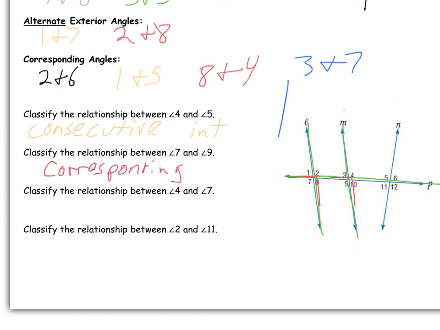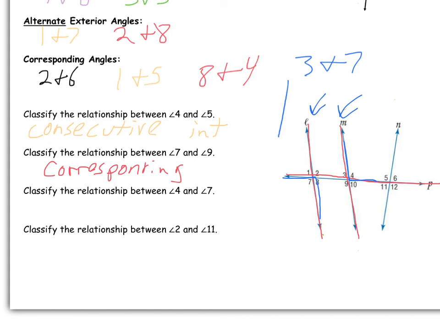Okay, and 2 more to look at. Now the next one gets a little tricky because of the 2 lines that we're looking at. 4 and 7. We're looking at these lines, and we're looking at angle 4 and angle 7. Notice they're exterior. They are outside of these two lines.